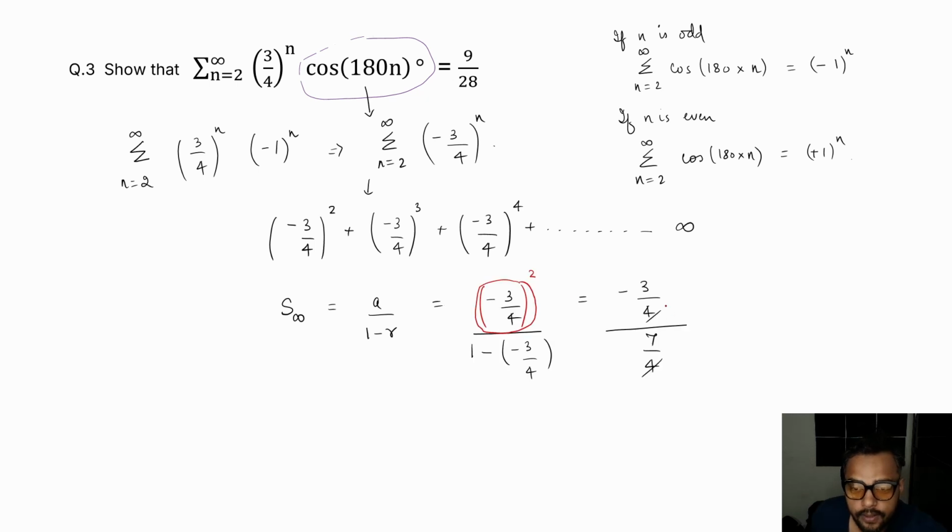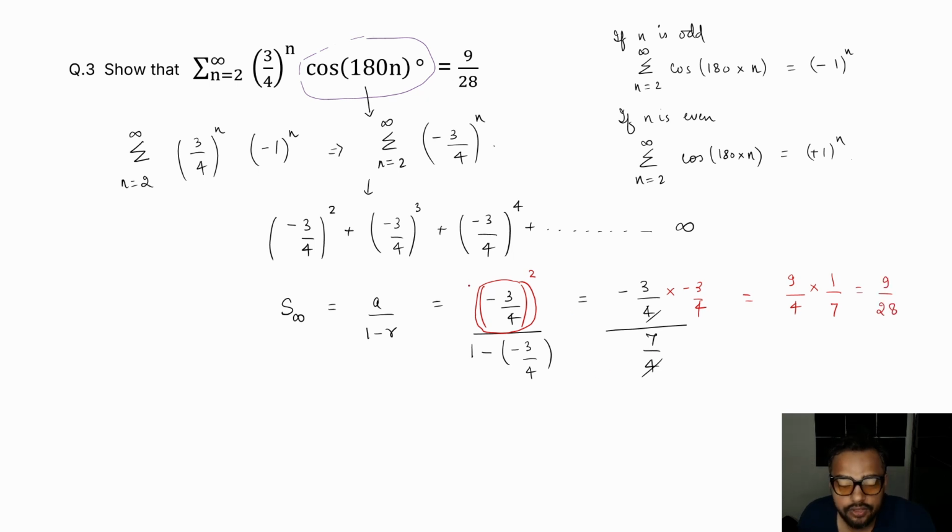This will be multiplied with negative of 3 by 4 squared, so we'll be getting positive of 9 by 4, this will be the remaining term, and here we'll be getting 7, and this multiplied term will be equals to 1 by 7, that will be equals to 9 by 28.